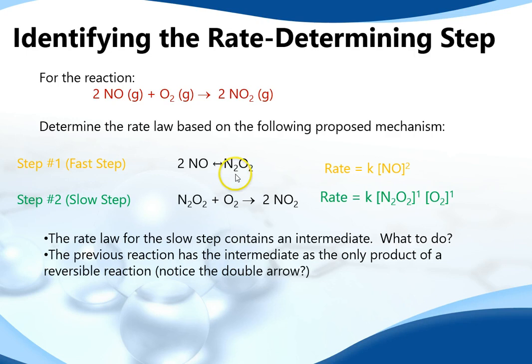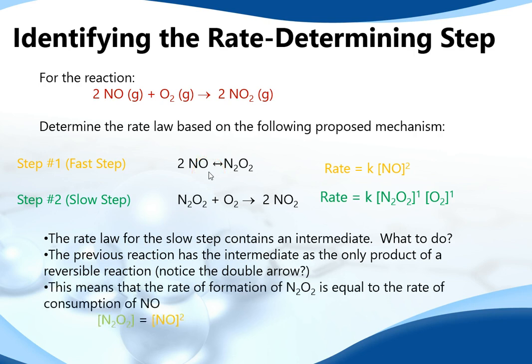So for every 1 N2O2 I make, I use up 2 NO molecules. And of course, we know that stoichiometrically, but you can make the same claim kinetically. So this means that the rate of formation of N2O2 is equal to the rate of consumption of NO. What that means is, in brackets, N2O2 is going to be equal to NO to the second.